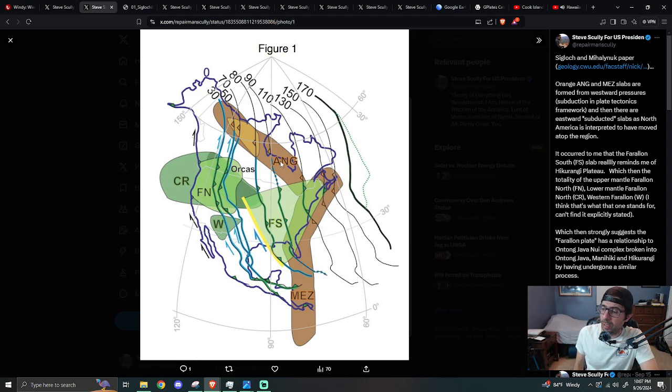I'm still not completely sure if these things are forming away from North America and then truly subducting, as it's interpreted. The evidence probably is pretty strongly in favor of it moving from elsewhere to go underneath North America in these instances.